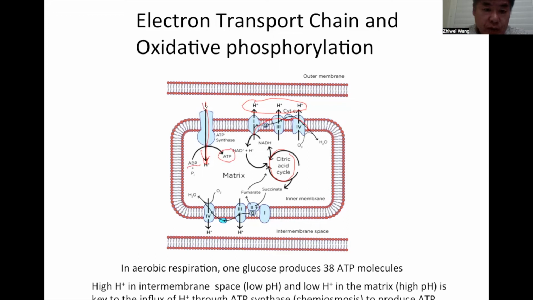This flow of protons down the gradient is called chemiosmosis. This is the major step for ATP production. So we'll remember that ATP production is mainly through this proton flow down the gradient, a process called chemiosmosis.